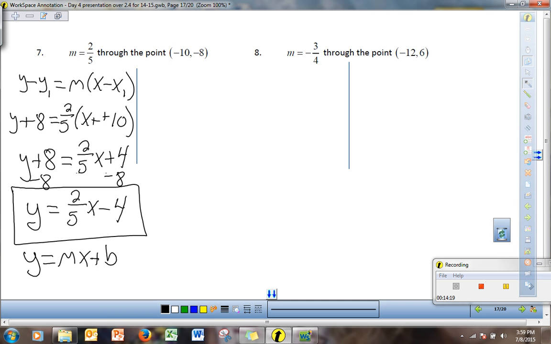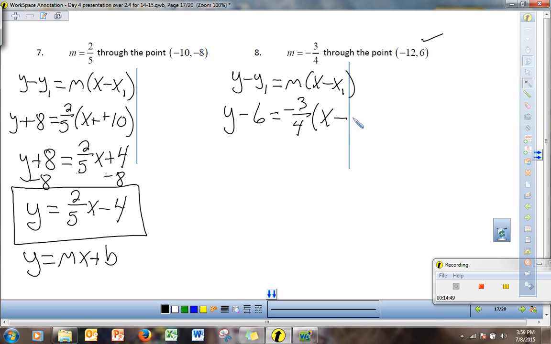Here's my number 8. Once again, let's go y minus y sub 1 equal m times x minus x sub 1. I'm going to have y minus 6 equal negative 3/4 x minus negative 12. 2 negatives make a positive.